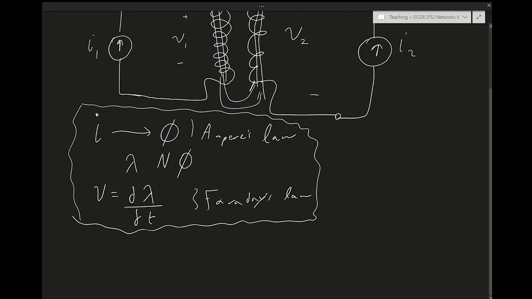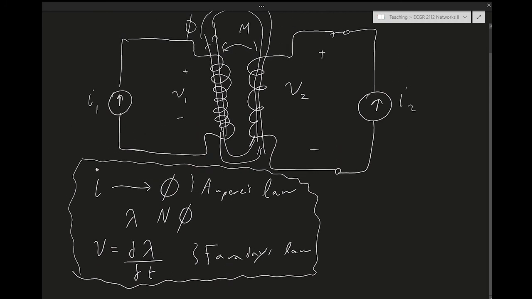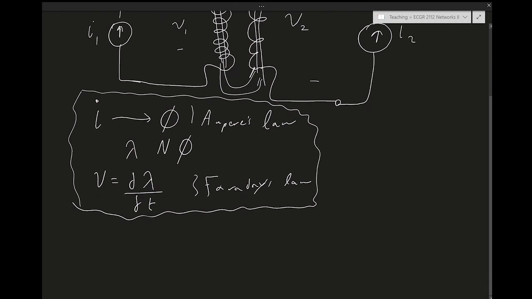The way to capture that effect is to do what's called lumping, and that lumping allows us to introduce the concept of inductance, both self and mutual.